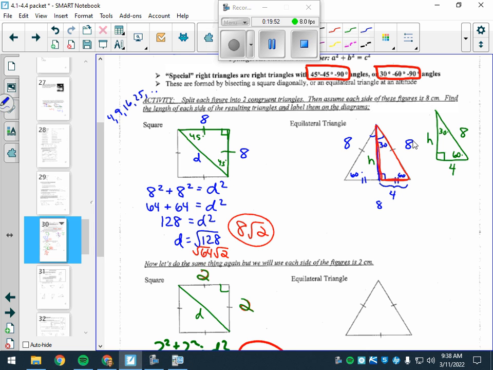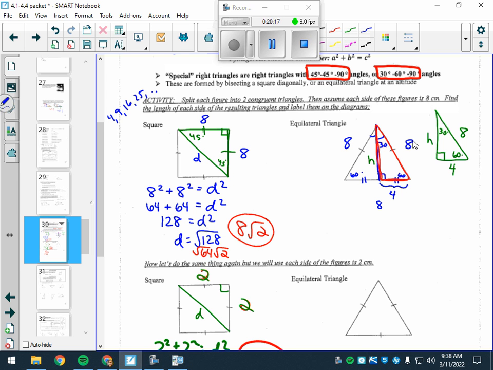Pythagorean theorem has the benefit of being able to leave our answer as an exact answer. Remember, the opposite of exact is approximate. Exact means precisely that value.